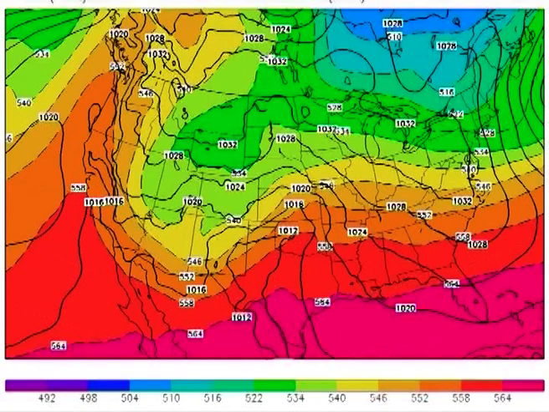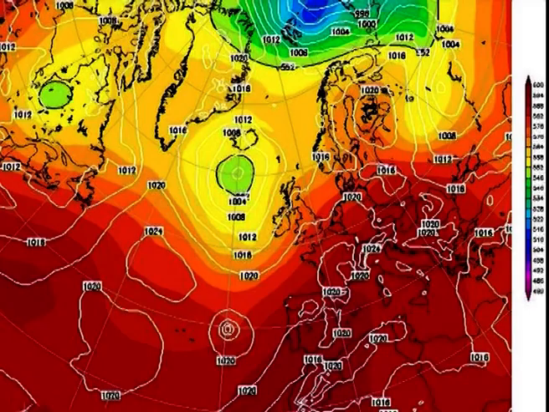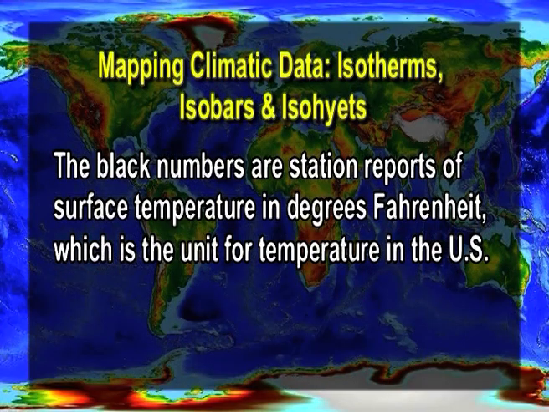Isotherms. A line connecting points of equal temperature is called an isotherm. That means at every point along a given isotherm, the values of temperature are the same. Isotherms are represented by dashed orange contours in the weather map. The black numbers are station reports of surface temperature in degrees Fahrenheit, which is the unit for temperature in the US.